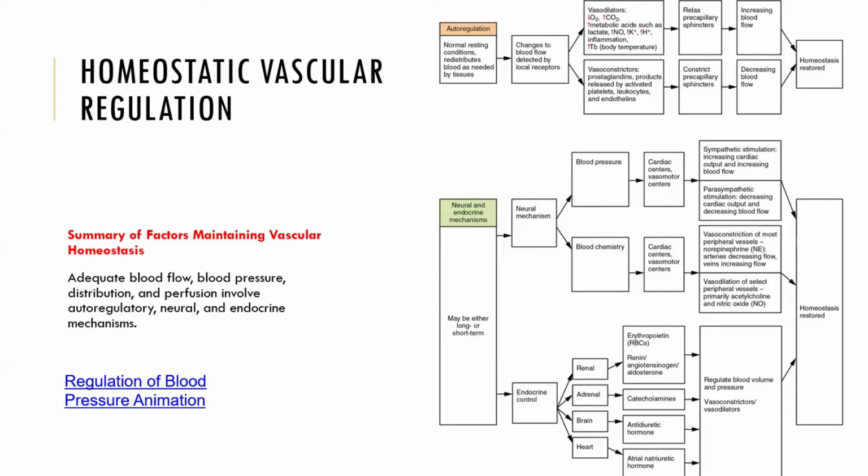Very similar process here that we follow with the chemoreceptor reflex, also known as CRR. The chemoreceptors that we learned about in A&P1 are also located within the carotid sinuses and the aortic arch. They detect changes in blood composition. The baroreceptors detect changes in blood pressure, while these chemoreceptors detect changes in blood composition.